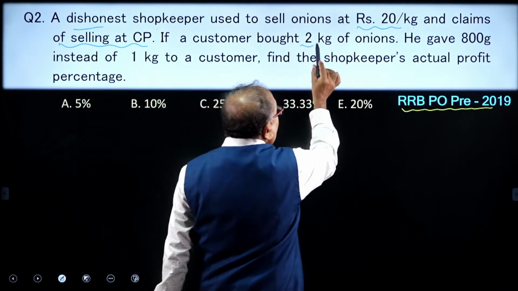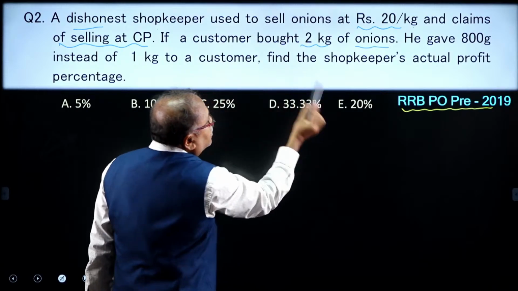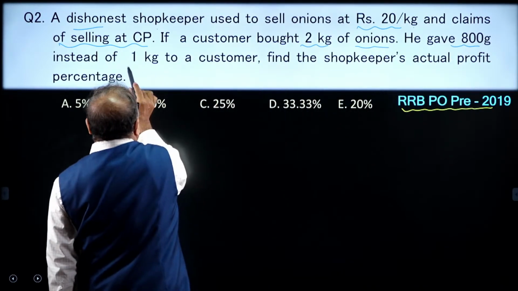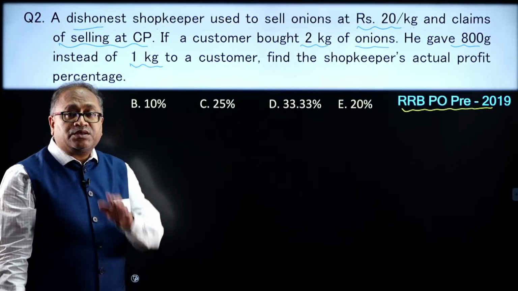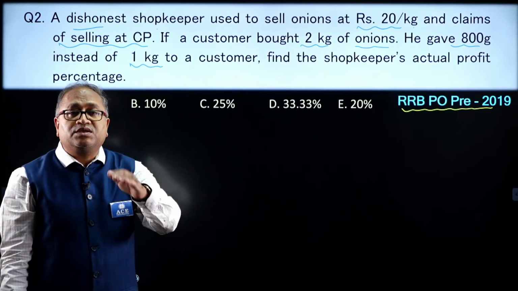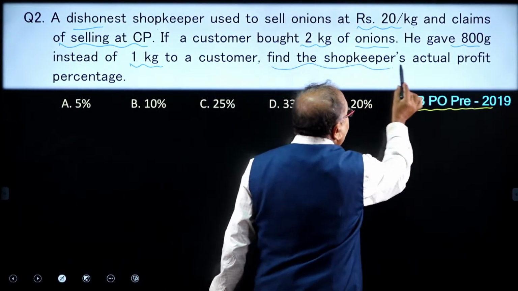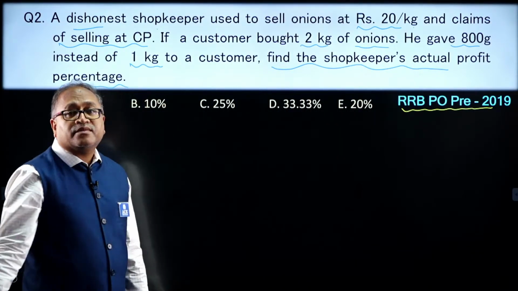A customer bought 2 kg of onion, and he gives only 800 grams instead of 1 kg. So, instead of 2 kg, he will be giving 1600 grams. Now, find the shopkeeper's actual profit percentage.